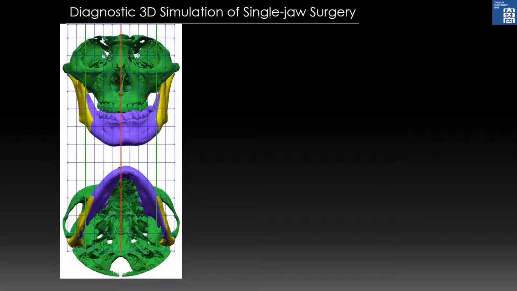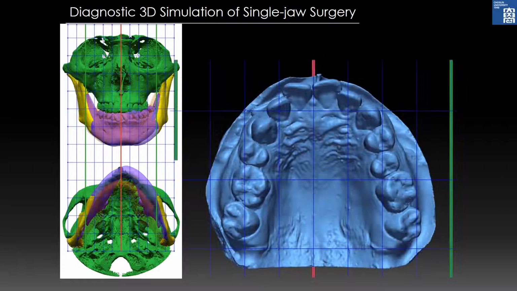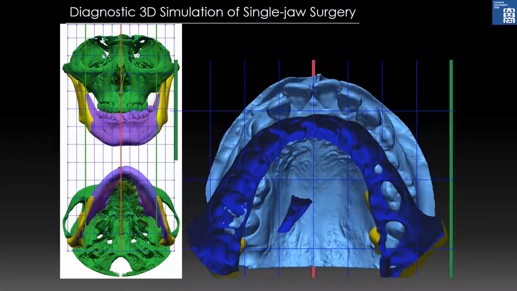Before start of treatment, 3D simulation of surgery was made for the diagnostic purpose with the mandible in the ideal position, like the orange color on the left figures and dark blue color on the right figure. At this diagnostic surgical occlusion, lingual crossbite was formed on the right side and large anterior overjet was formed.